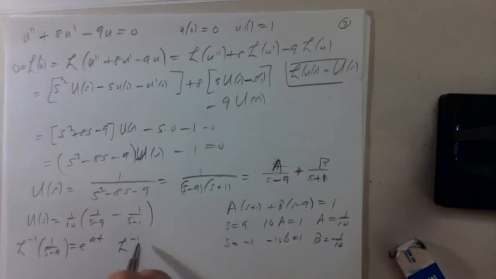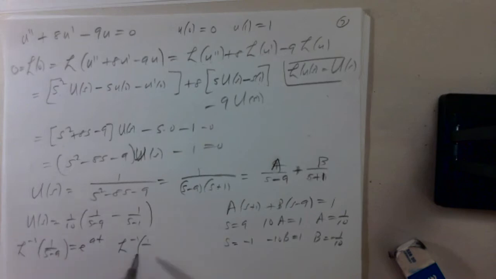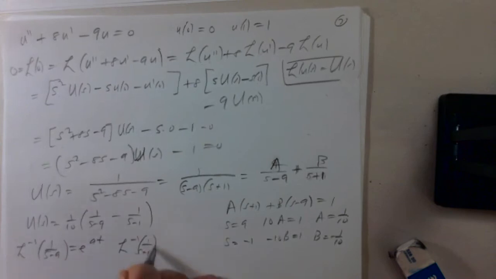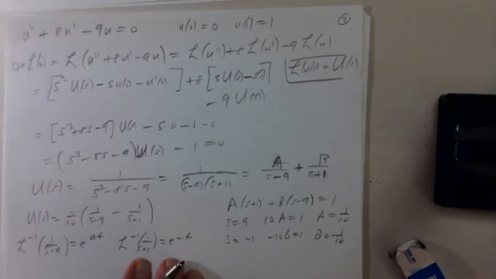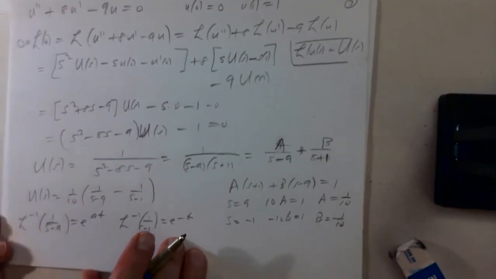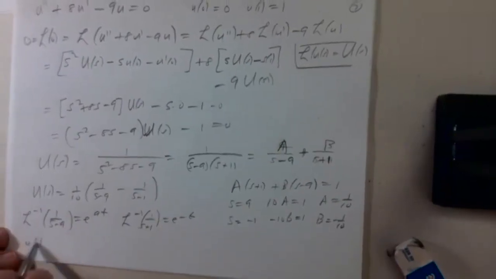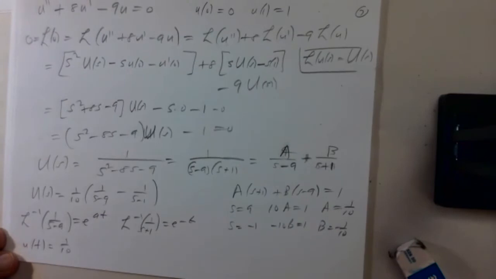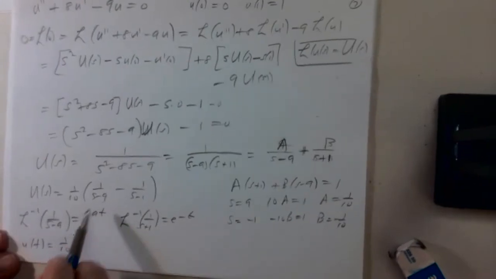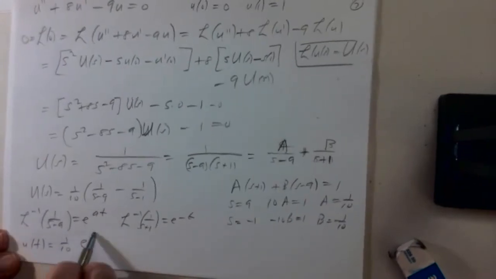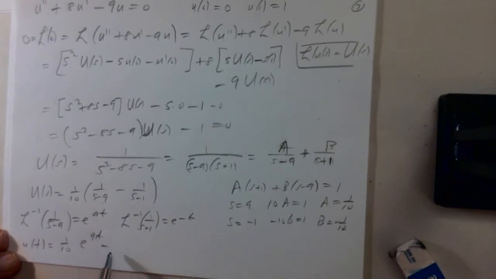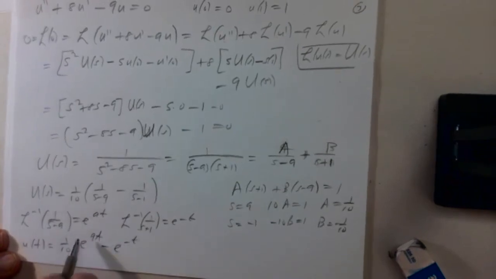And the inverse Laplace transform of 1 over s plus 1 is e to the minus t. So if u of s is equal to this, then my function u of t is 1/10 times e to the 9t minus e to the minus t.